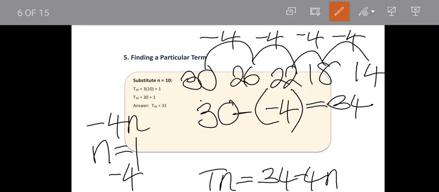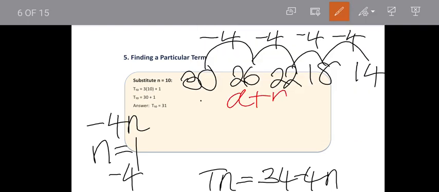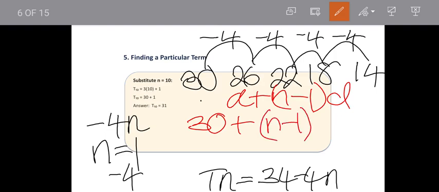But if you don't understand this method, you can also use the other method that we looked at, which is for using the formula. So you can just use the formula instead. A plus n minus 1 d. 30, which is the first term, plus n, which we don't know, minus 1 times d. D is the common difference.